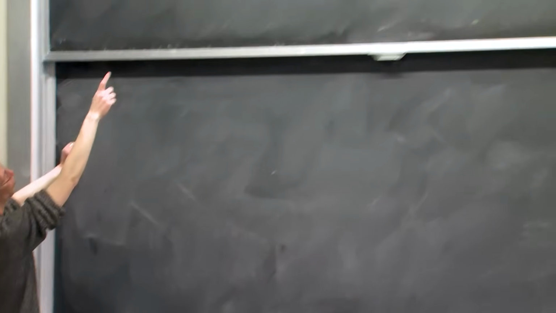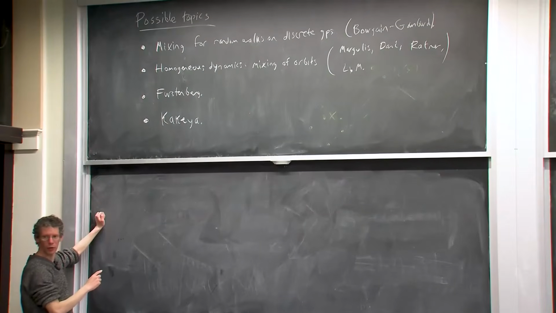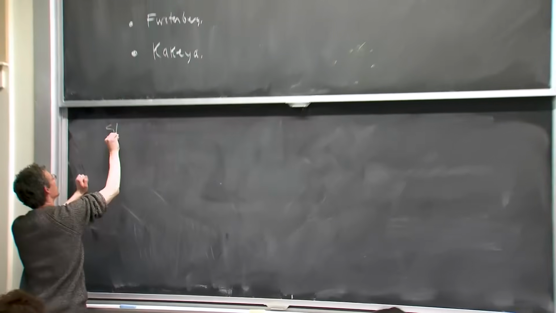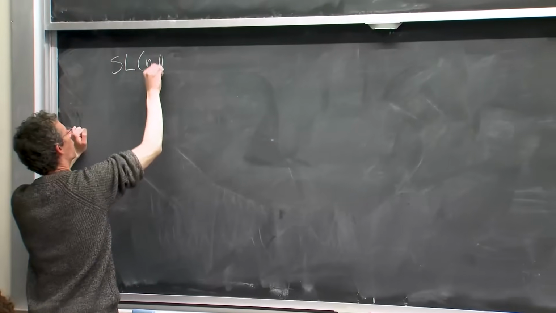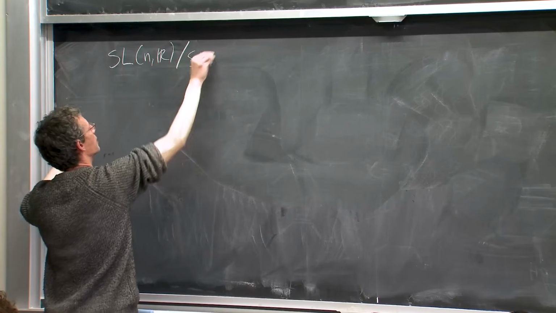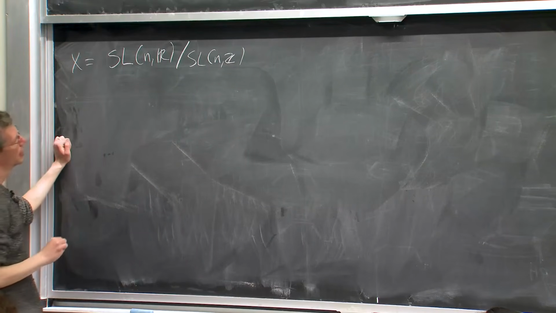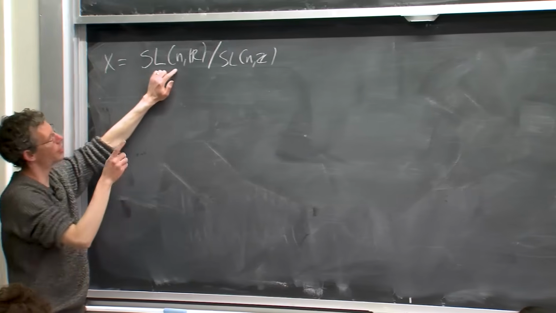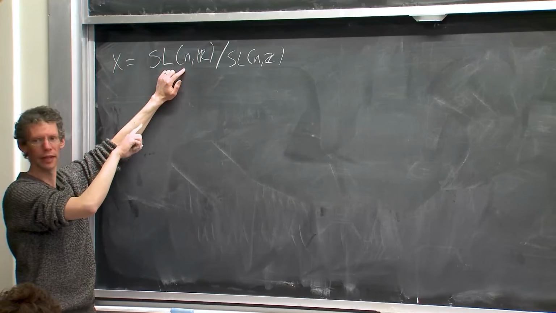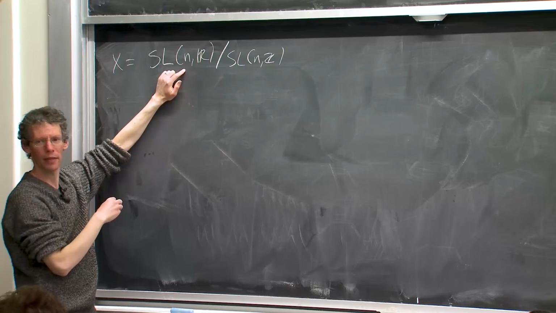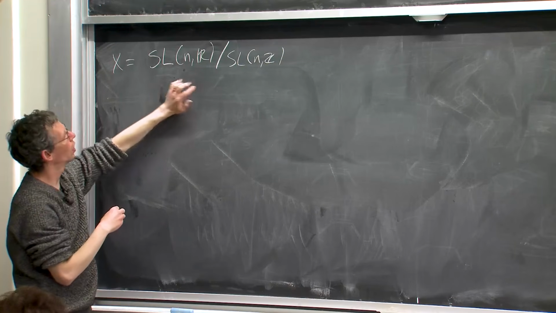So the word homogeneous is a reference to homogeneous spaces. And a typical example of a homogeneous space is SL_n(R) modulo SL_n(Z). I'll call this X. It's homogeneous in the sense that SL_n(R) acts on this space on the left, and the action is transitive, so every point gets mapped to every other point.